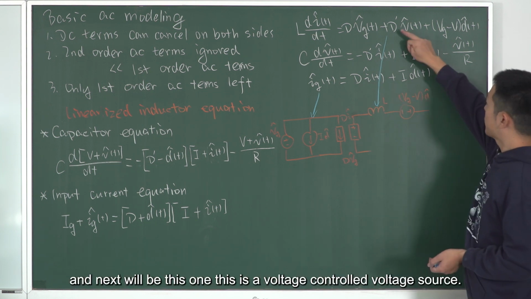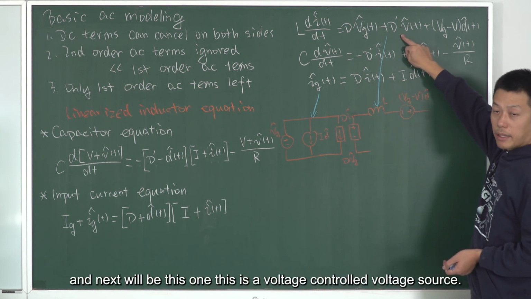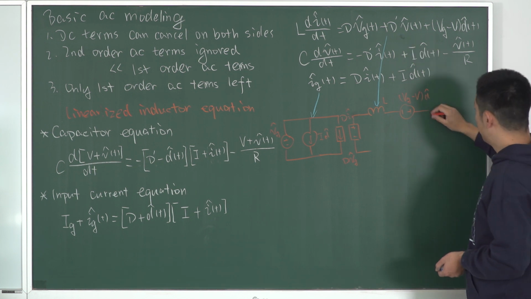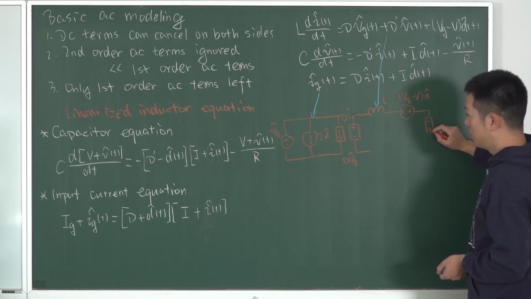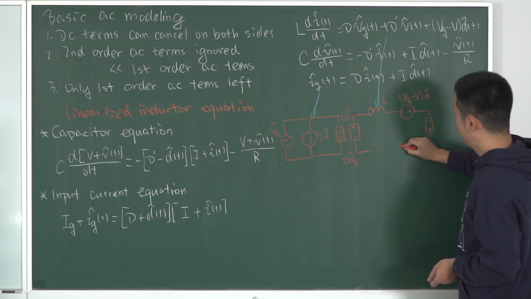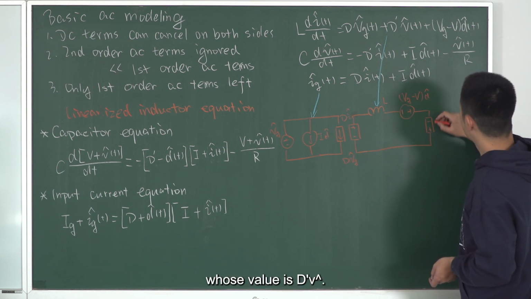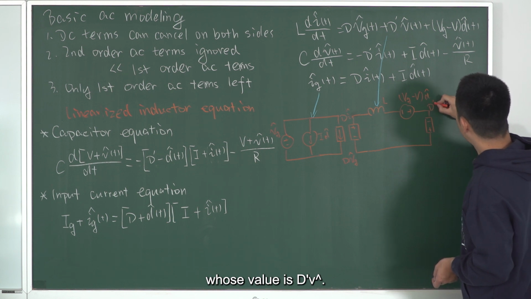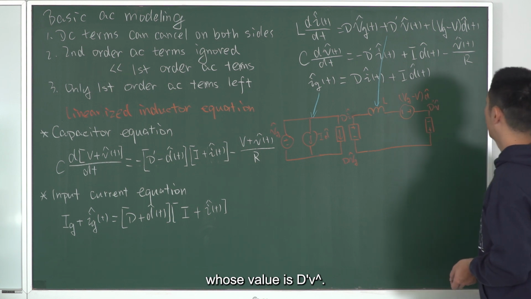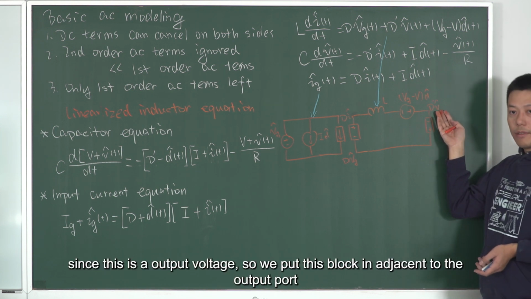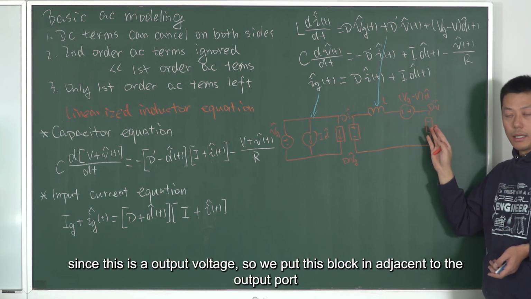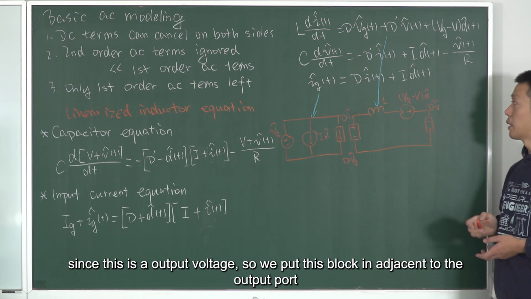And next will be this one. This is a voltage-controlled voltage source whose value is D prime V cap. Since this is the output voltage, we put this block adjacent to the output port.